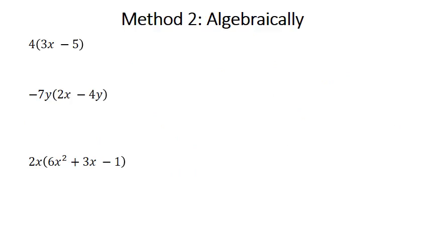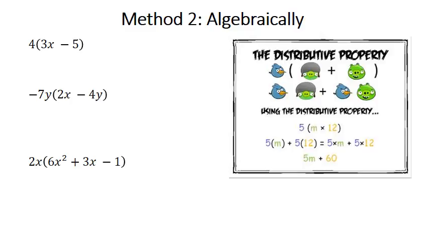So when we're doing this algebraically, we do something called the distributive property. I like this representation of it right here using Angry Birds. So here we have bluebird times the green pig with the helmet plus the green pig without the helmet. So the bluebird times the pigs will be bluebird times green pig with helmet plus the bluebird times the pig without the helmet.